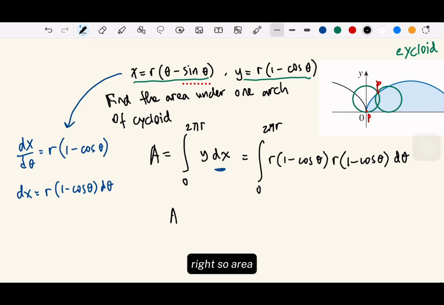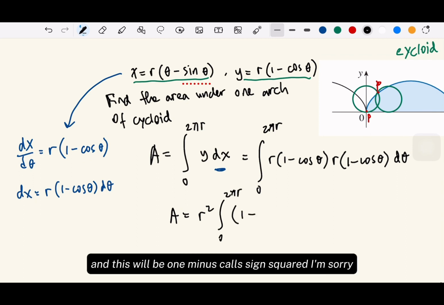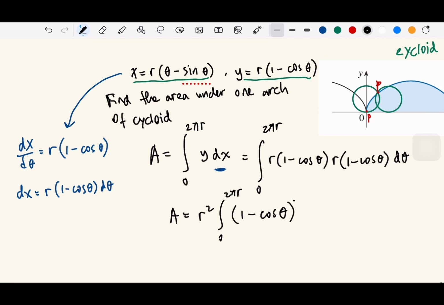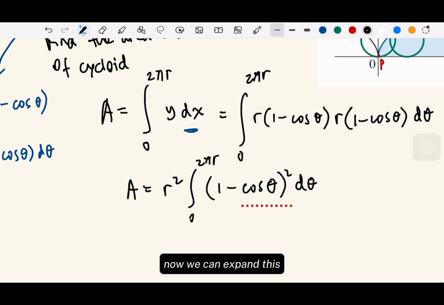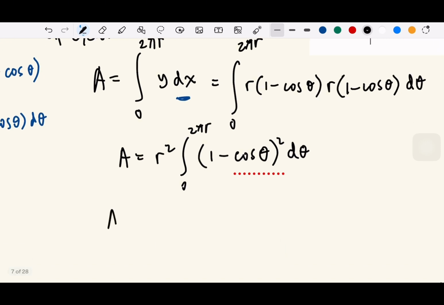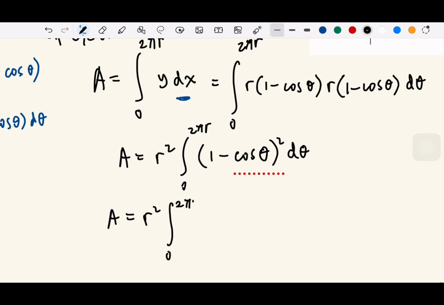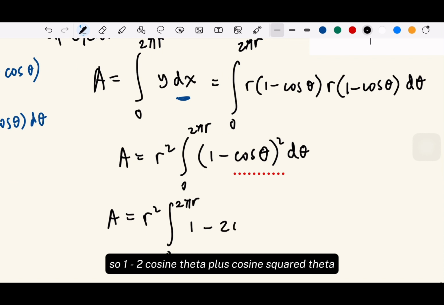So the area is r squared times the integral of (1 minus cosine theta) squared d theta. Now we can expand this, it's a quadratic: 1 minus 2 cosine theta plus cosine squared theta.